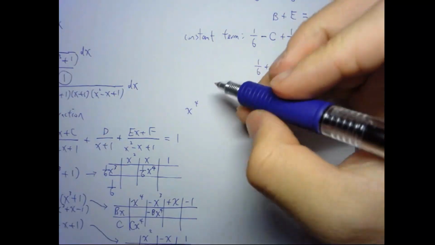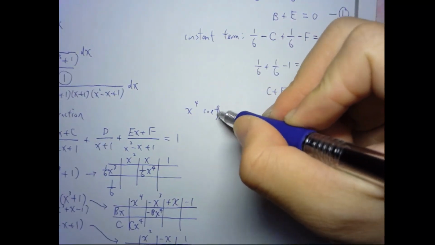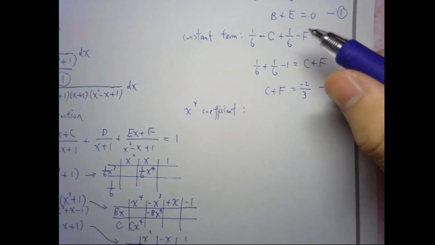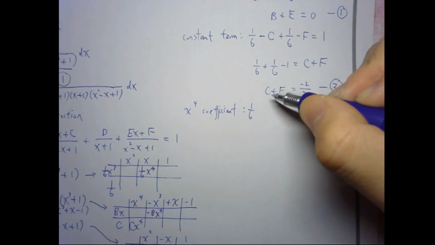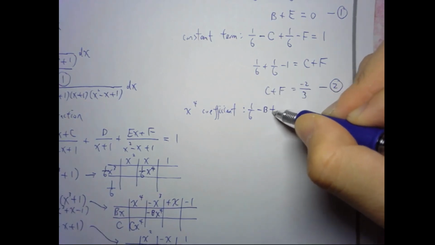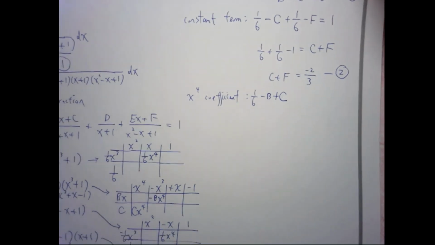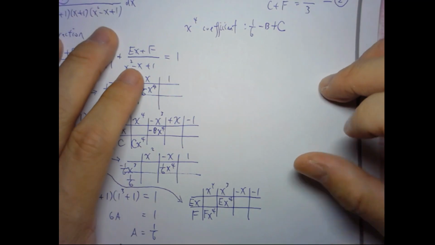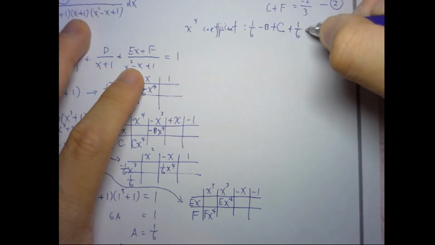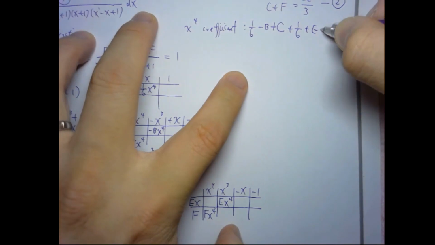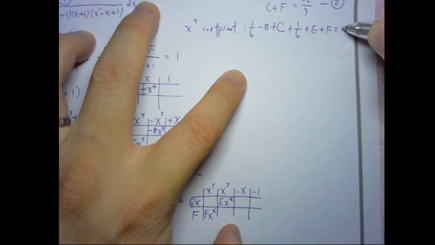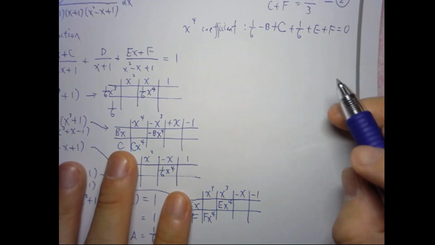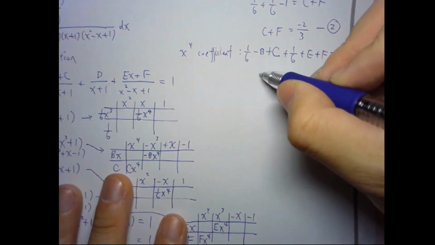We are comparing the x to the power 4 coefficient, which is 1 over 6 minus b plus c. I move it a little bit up, so you guys can see. Plus 1 over 6 plus e plus f, equals 0.